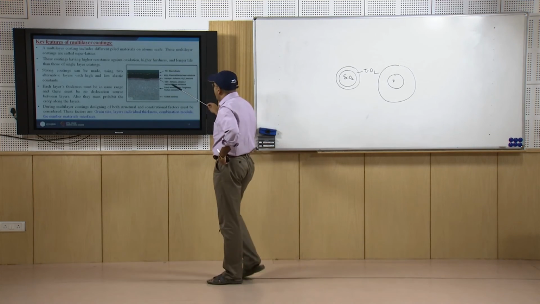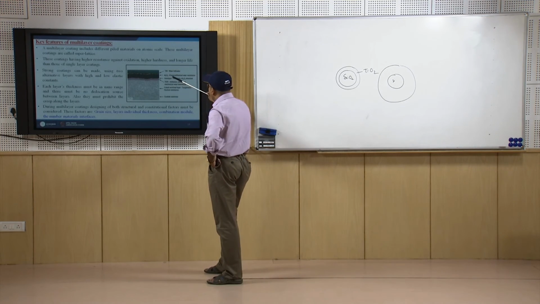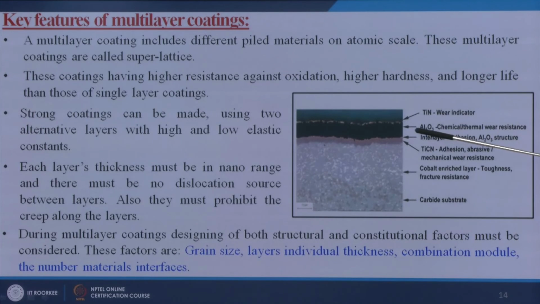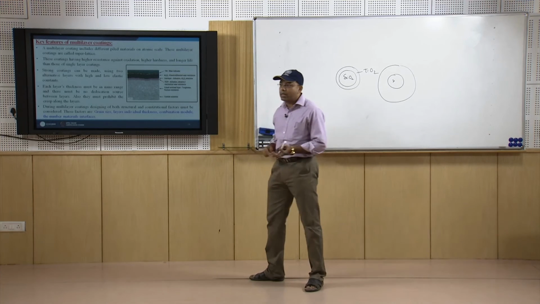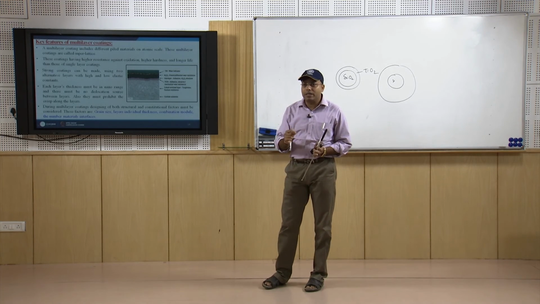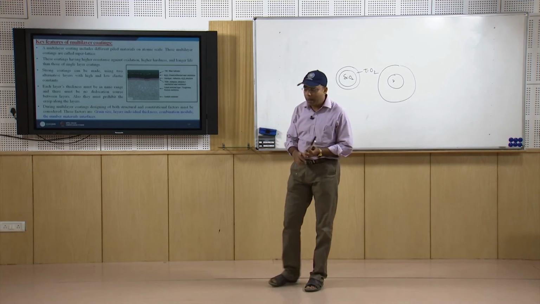Then on top of that we put alumina, which gives chemical and thermal wear resistance, and the last layer is titanium nitride, which is nothing but the wear indicator. So by applying different materials layer by layer we can get many properties from a particular material or sample.